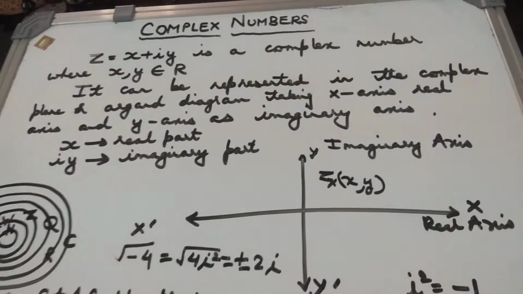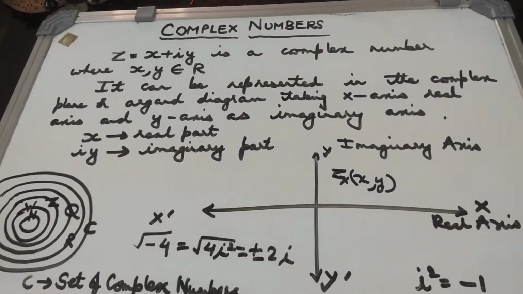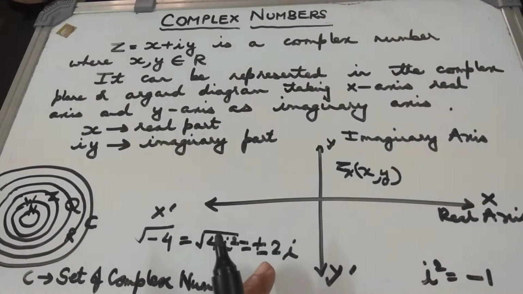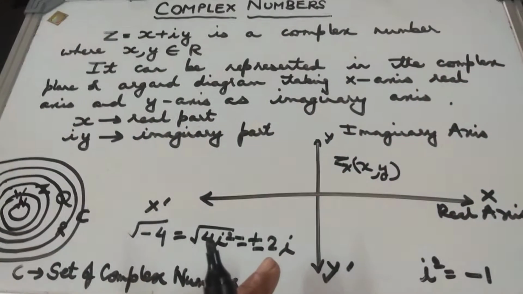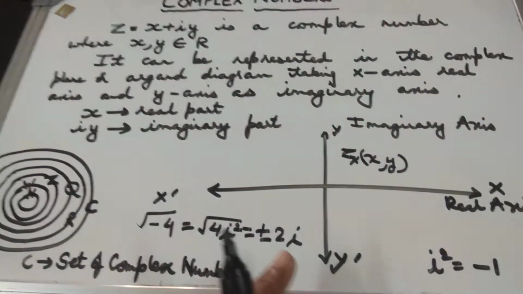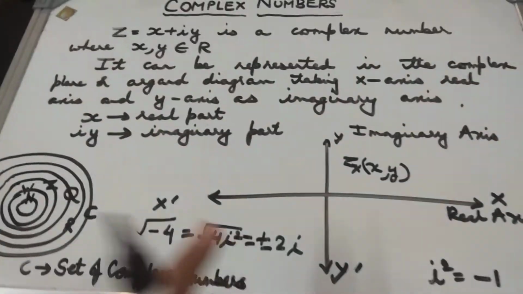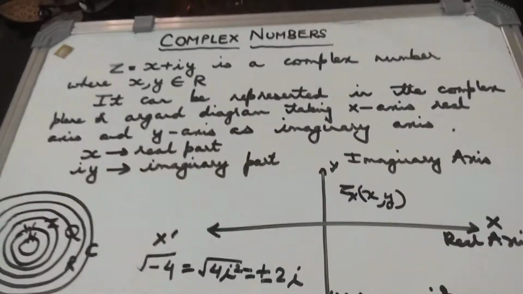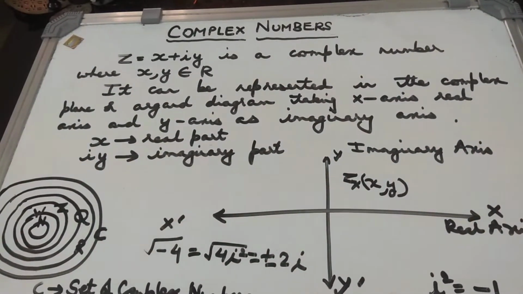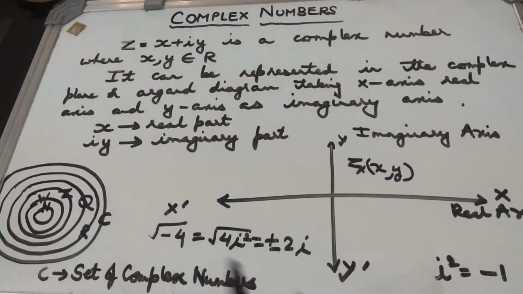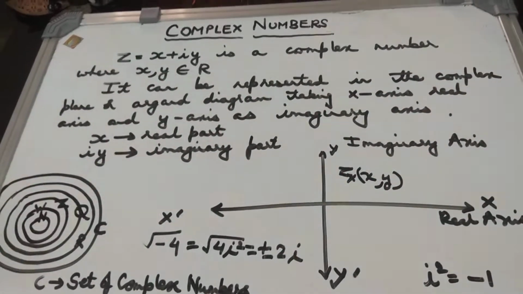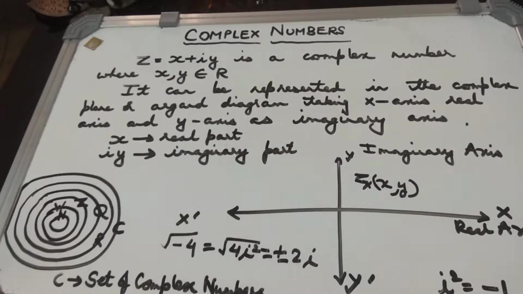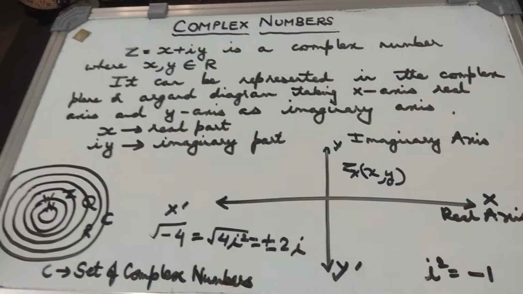So this is how I can find out the square root of any negative number, and this is now a complex root, or you may call it 0 plus 2i or 0 minus 2i. So square root of minus 4 is plus minus 2i. Hence now I can find out the square root of any negative number, and they are all complex numbers or imaginary roots. Hence this is how we may learn about complex numbers.